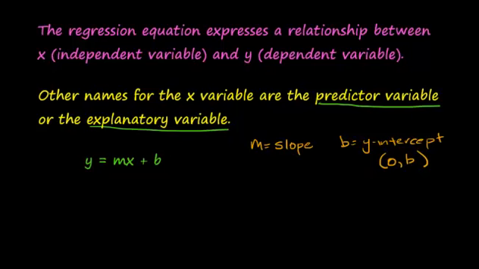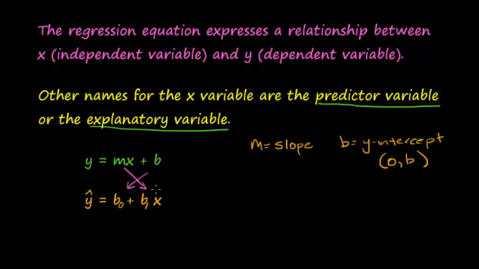Okay, so now our new equation for the line looks like this: y hat equals b sub 0 plus b sub 1 times x. This is just the convention that changes the order of the terms in the equation. So we essentially have the same equation.